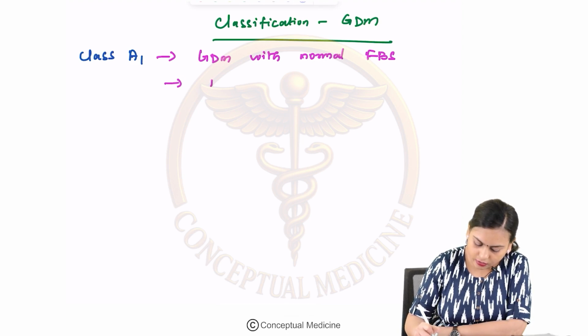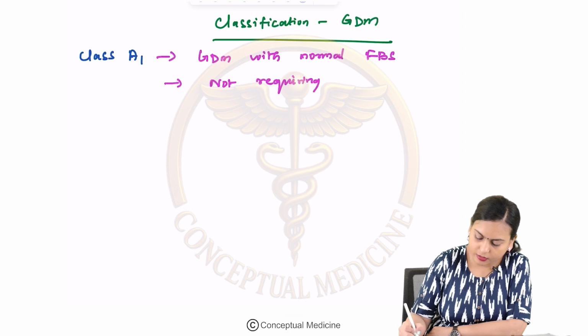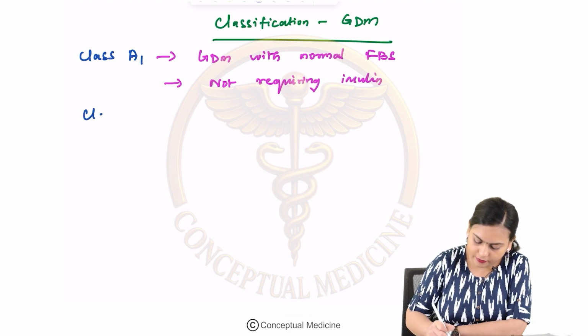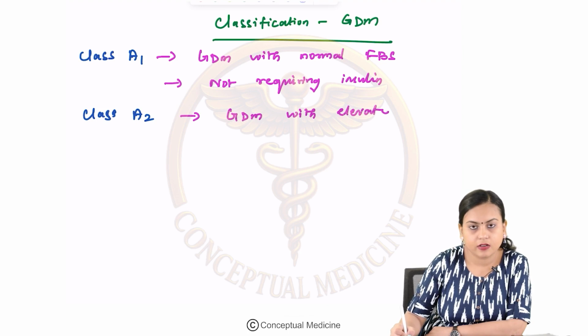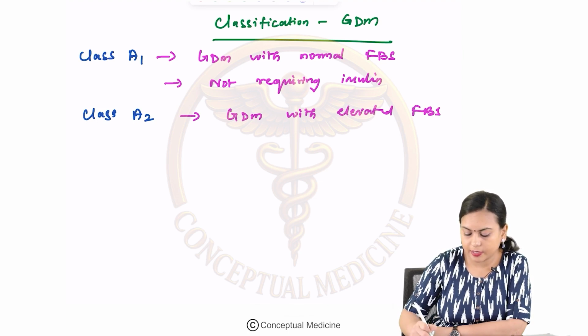So, not requiring insulin. Next we have class A2. Here we have GDM with elevated fasting blood sugar levels, that means requiring insulin.